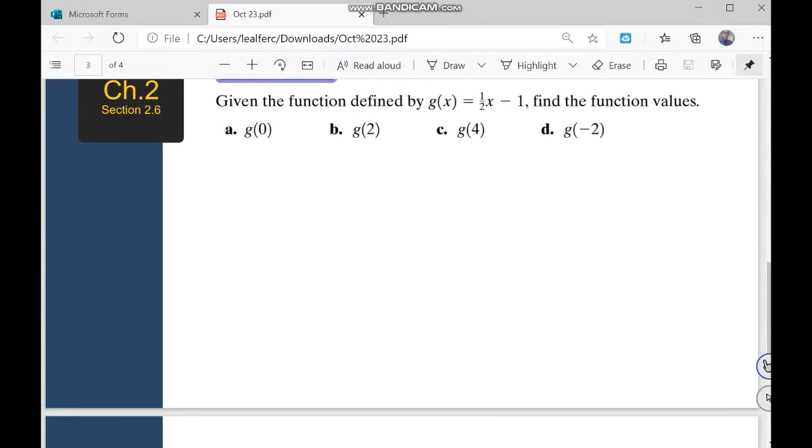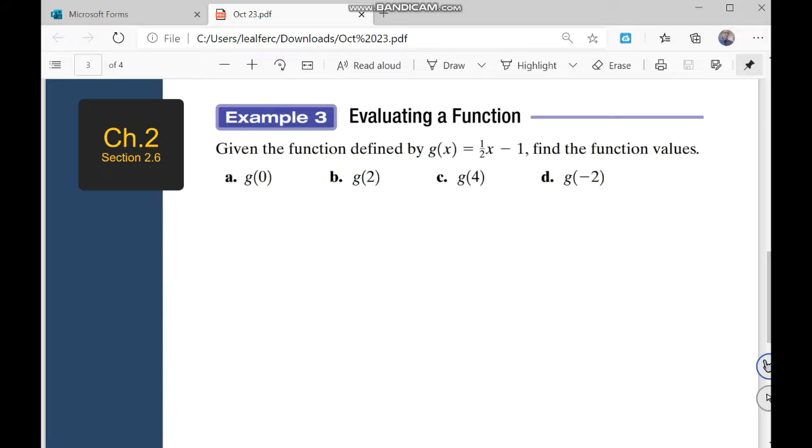And I'm going to ask you, for instance, for this example here, Jacob, give me a number. Give me any number for this example. You're just guessing, you're just inputting a number. So Jacob, say any number for this example: g of x equals 1/2 of x minus 1. Just say any number. 8, good number.